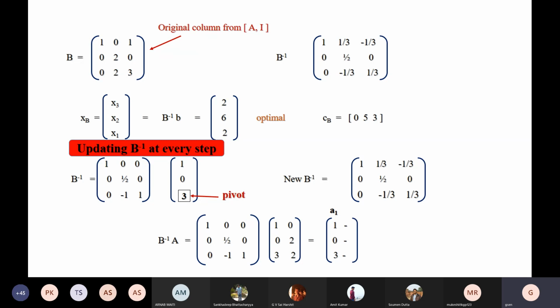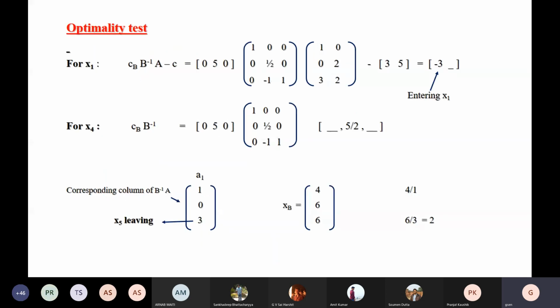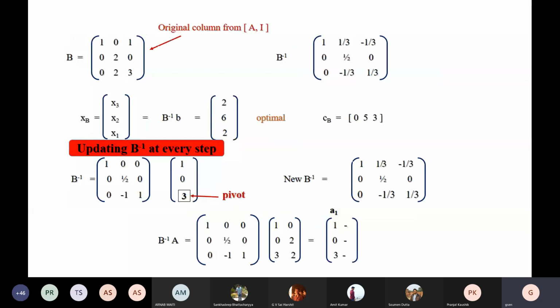Now what we have observed here is that at every step you have to compute the inverse of a matrix from scratch, because your base will change for the new base. Computing the inverse every time is time consuming.